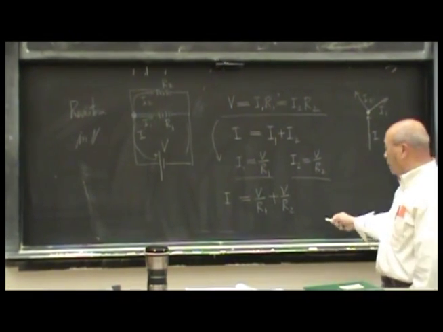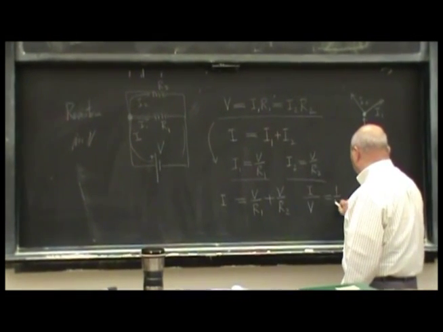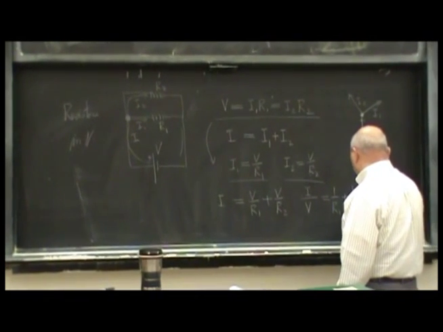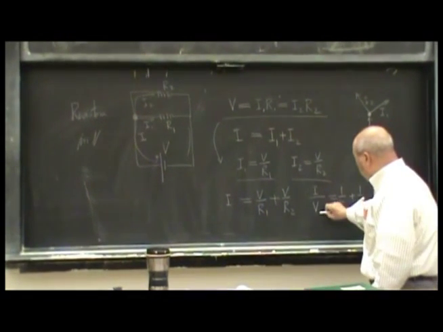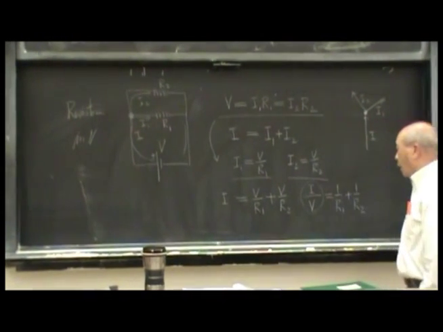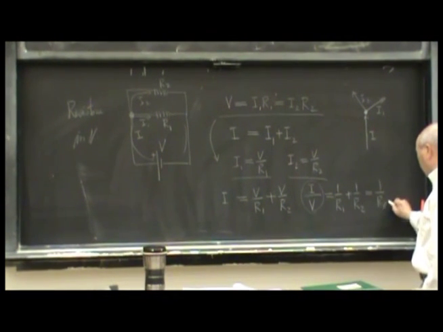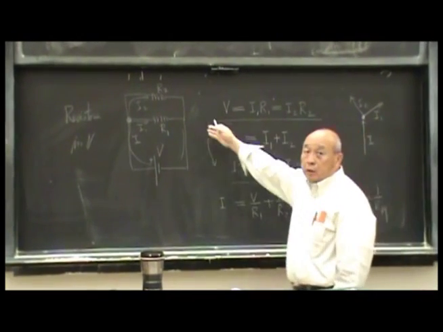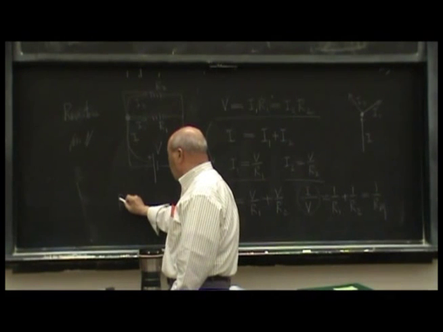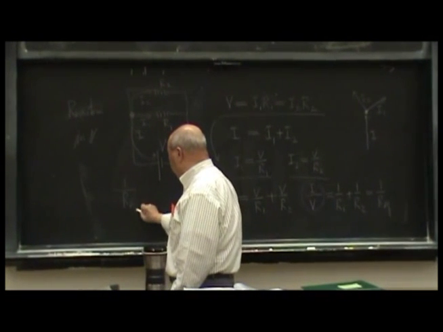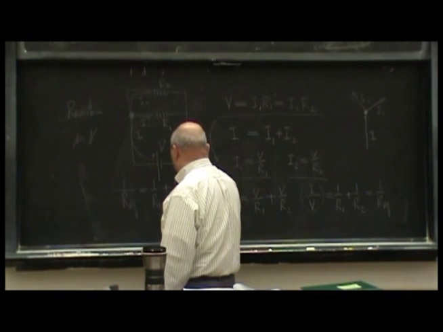Then I divided by V equals 1 over R1 plus 1 over R2. So I divided by V is equal to 1 over R equivalent. So for two resistors in parallel, 1 over R equivalent equals 1 over R1 plus 1 over R2.